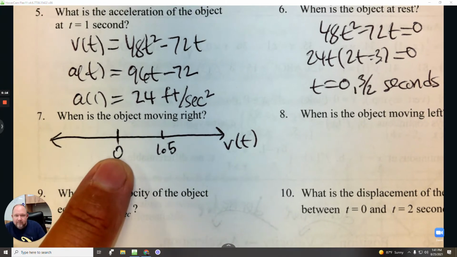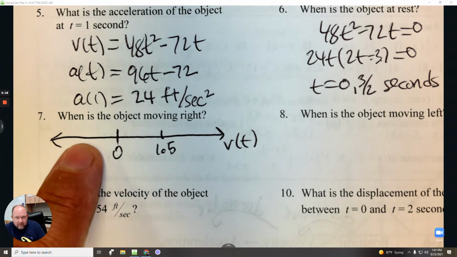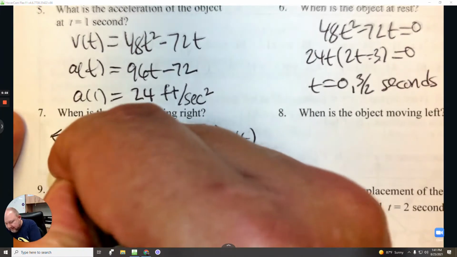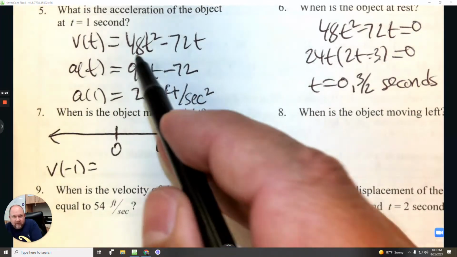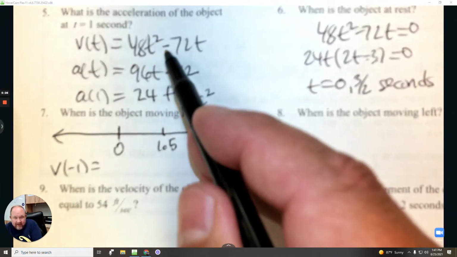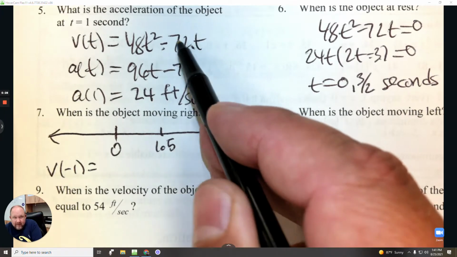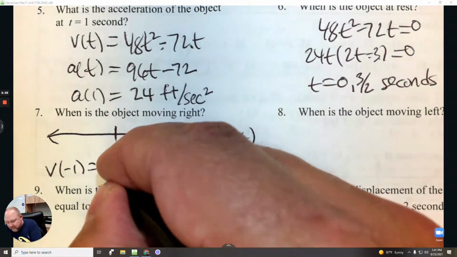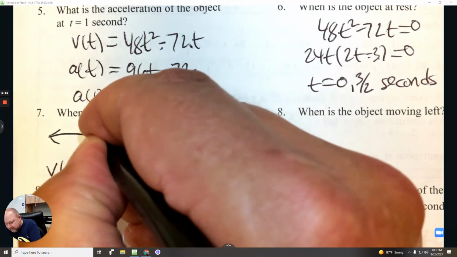Now, I'm going to plug in a value that's smaller than 0 into the velocity. So if I plug in -1 into the velocity and I solve it, a negative times a negative is positive, and -1 squared is positive. So -1 gives you a positive value.